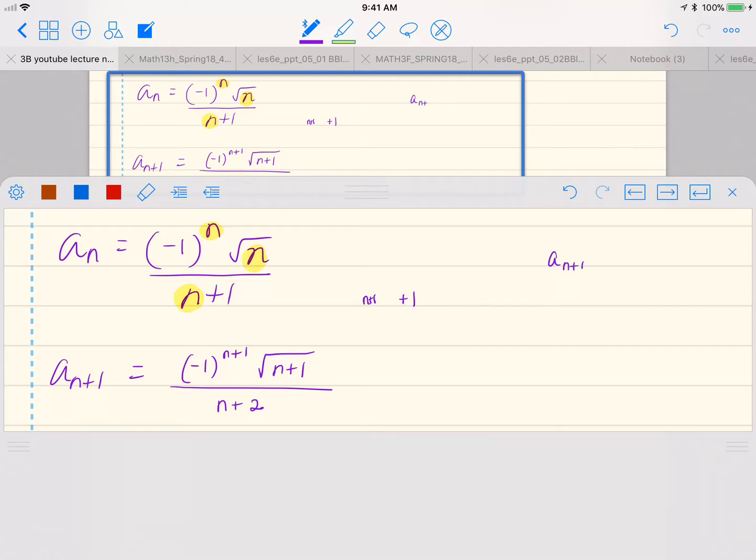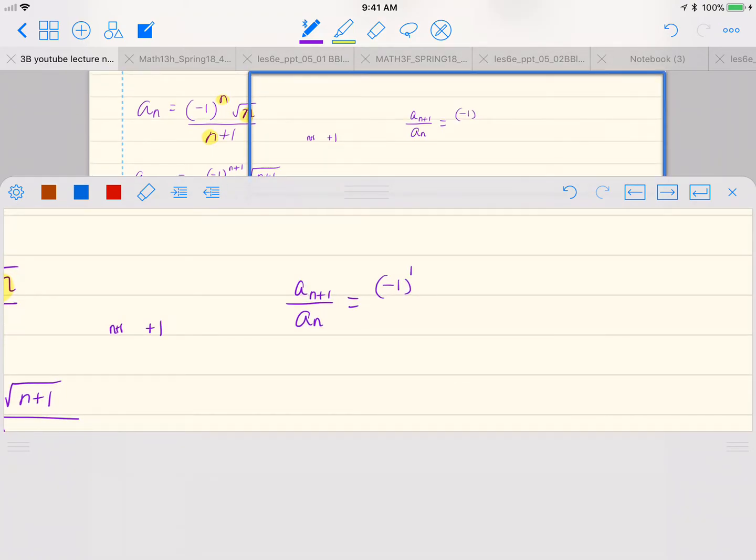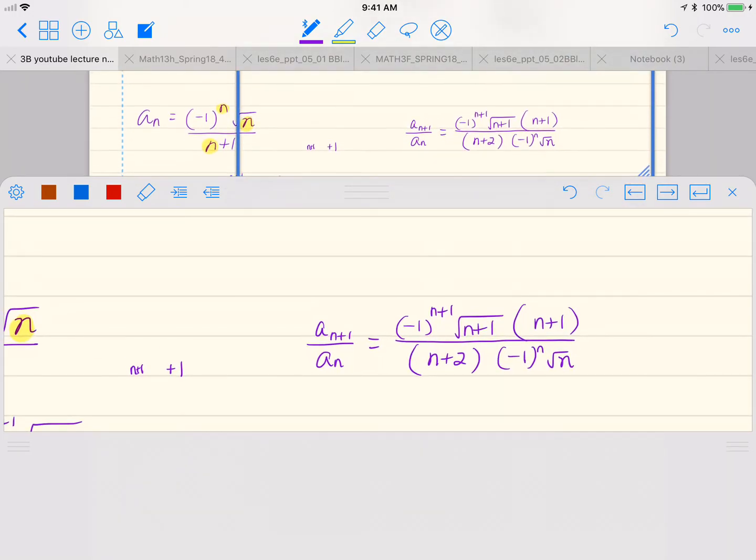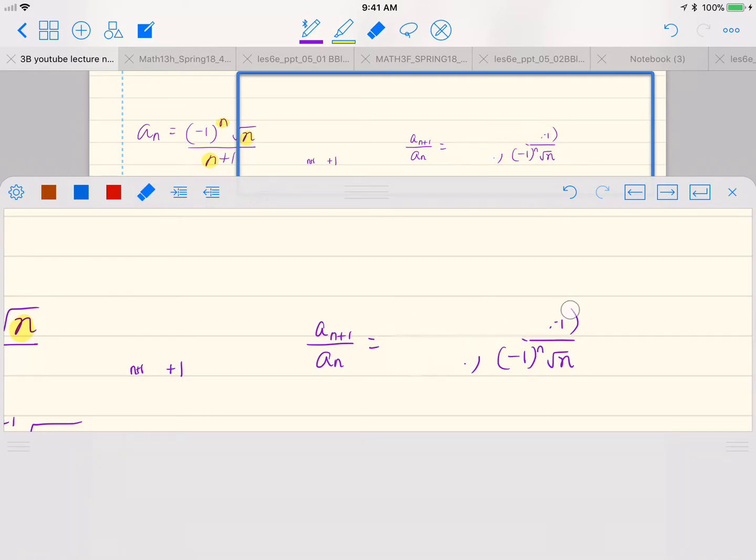So a sub n plus 1 over a sub n is going to be negative 1 to the n plus 1 times the square root of n plus 1 divided by n plus 2. Let me actually not combine the steps, so this is just to show you every little step that we do.